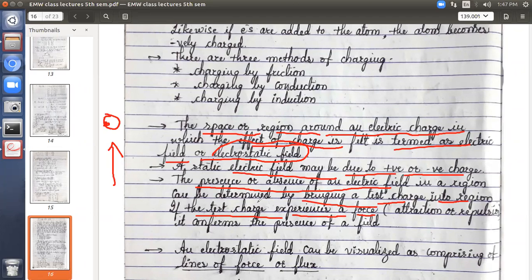If they are unlike charges, they'll attract. So the force depends on what kind of charges both are having. If the test charge experiences a force, some deflection occurs, either attraction or repulsion. Then this will confirm the presence of the field. This is one experiment to know whether the electric field is present or not.